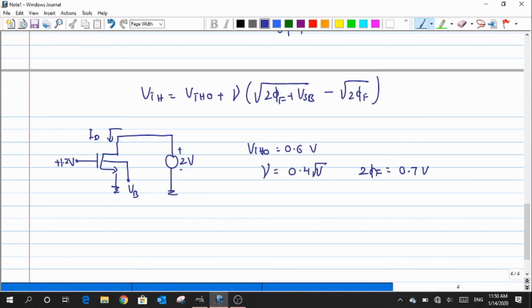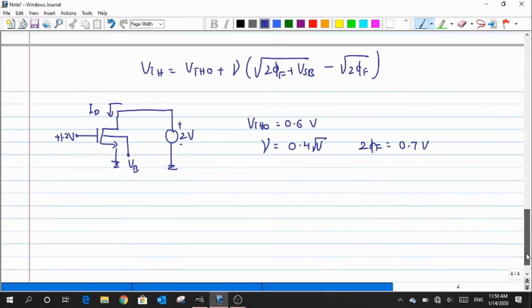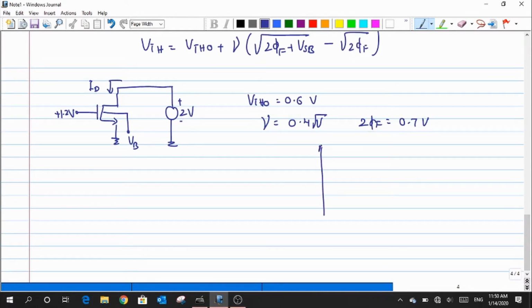I want to plot a relation between ID, the current flowing through the drain terminal, and this VB. This time I'm going to look at the negative side of VB, and what would happen under this condition.